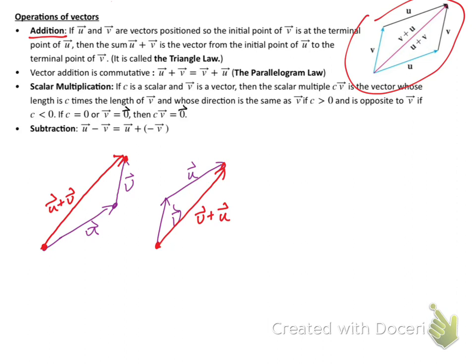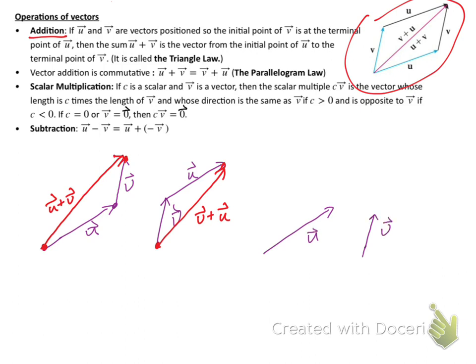After we have multiplication by negative numbers, we have negative, which makes it a subtraction. So when we do u minus v, we're just doing u plus negative v. Go back to our u and v again. So my u looks like this, my v looks like this, right?